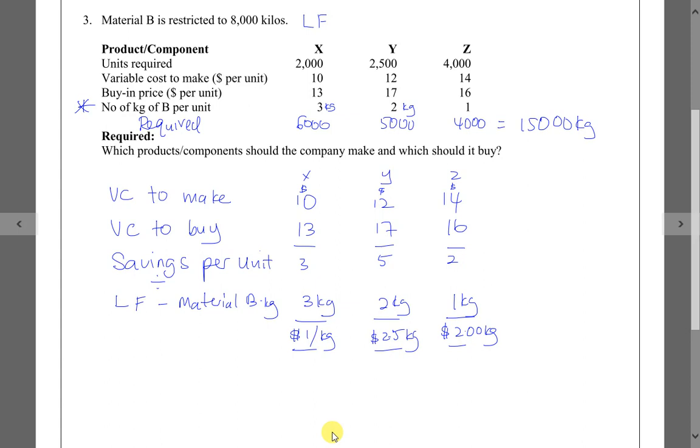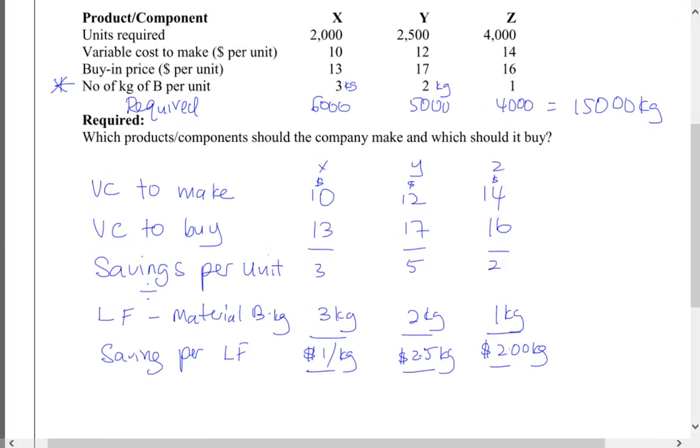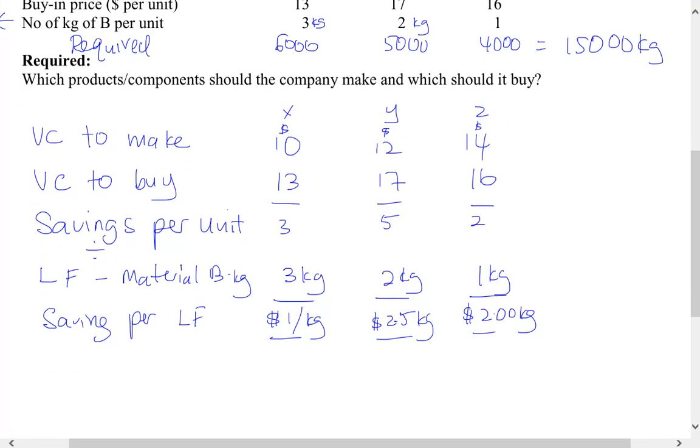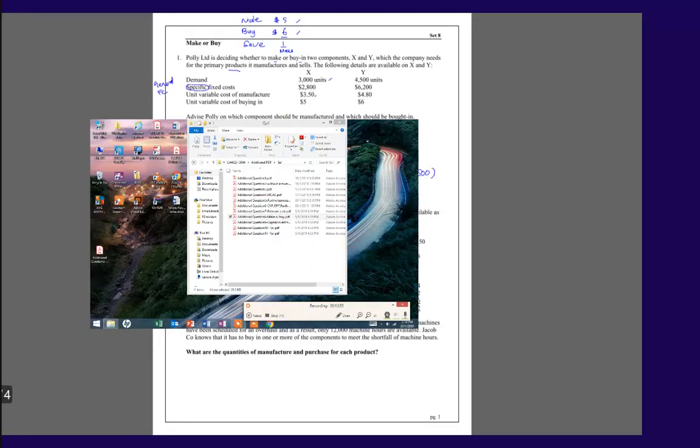Divide by limiting factor means savings per limiting factor, which is saving per kg. So I save $1 per kg.